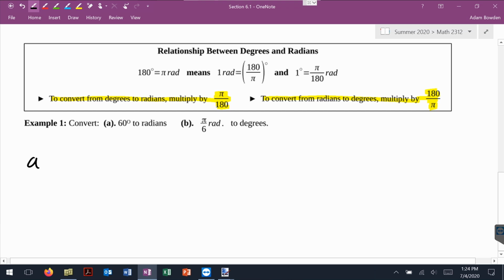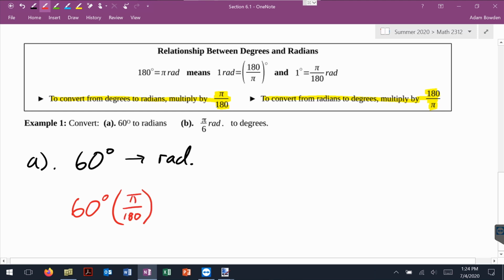So let's take a look at 60 degrees. I want to convert that into radians. To do that, I'll take 60 degrees and multiply that by pi over 180. That would look like 60 pi over 180, and that would be pi over 3 radians.